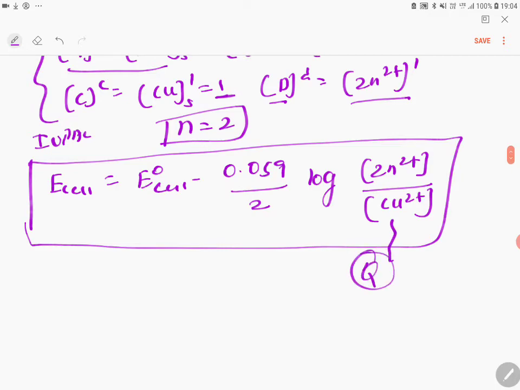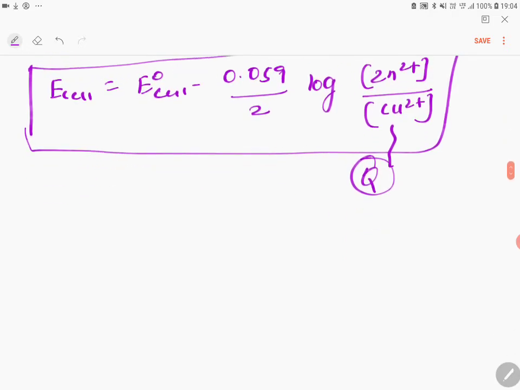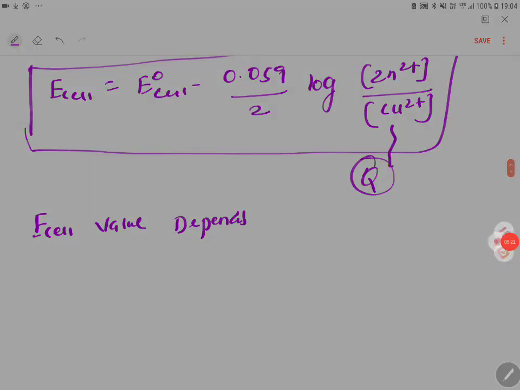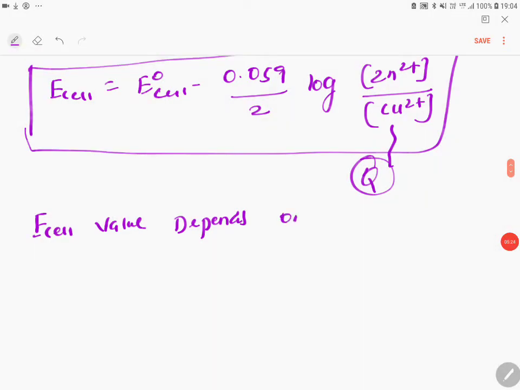Okay, now what I'm going to write now as a note is a very, very, very important physical significance. So E cell value depends on the concentration of Zn2+ as well as the concentration of Cu2+.